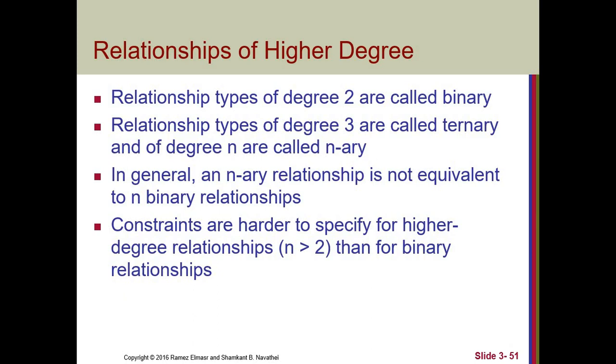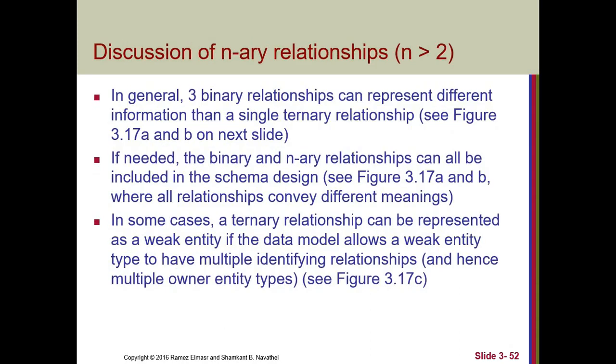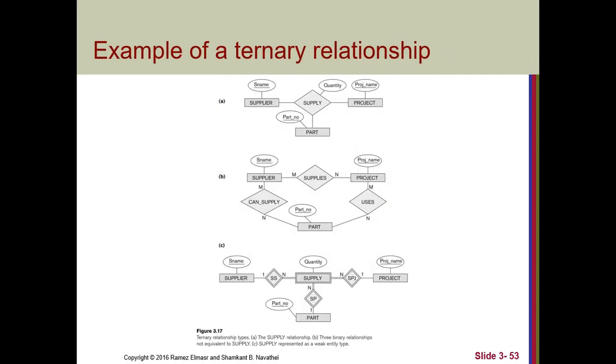When n goes beyond 3 and can represent any number above 3, it is referred to as n-ary, higher degree. Reference the n-ary relationships that are detailed within this chapter in the course textbook. Examples of a ternary relationship are provided here.